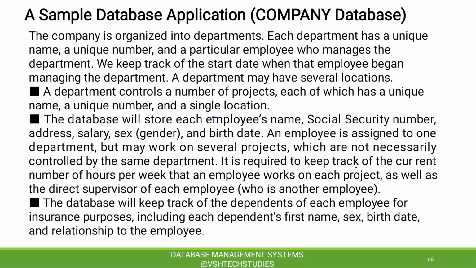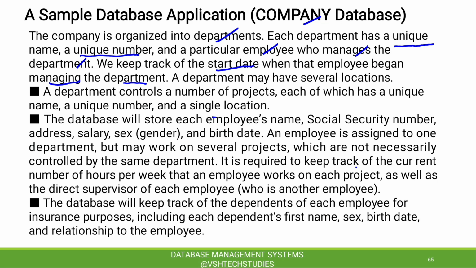Next we shall take an example database application, that is the company database. The company database is organized into several departments. Each department has a unique name, unique number, and a particular employee who manages the department. We keep track of the start date when that employee began managing the department.